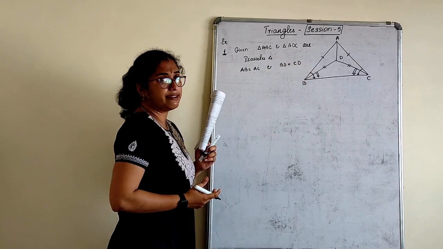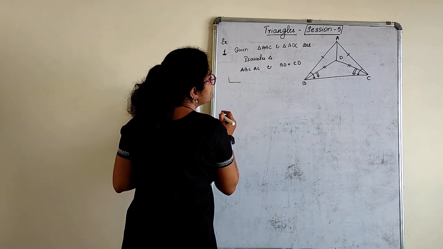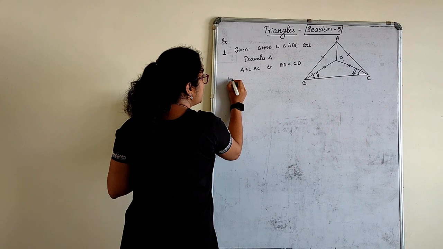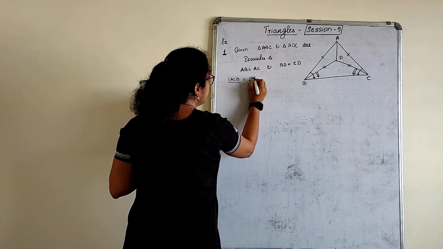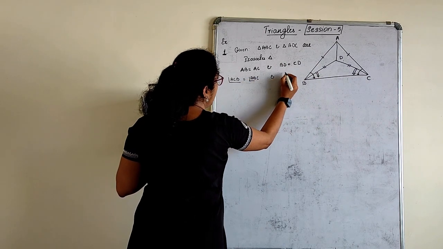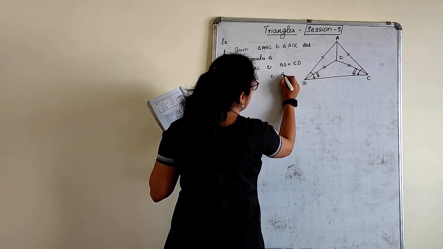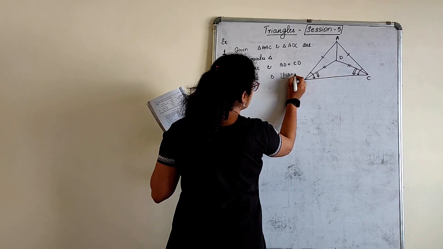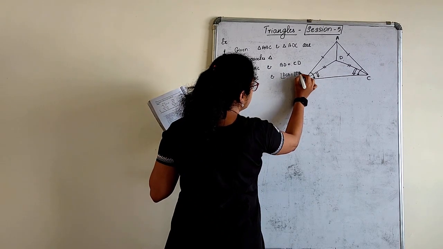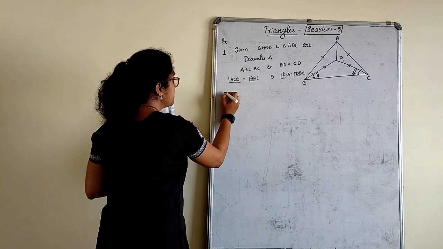If you want, you can write the angles also here as equal. With respect to AB, angle ACB is equal to, with respect to AC, angle ABC. And with respect to BD, angle DCB is equal to angle DBC. These are the angles which are equal. Nothing else is given.